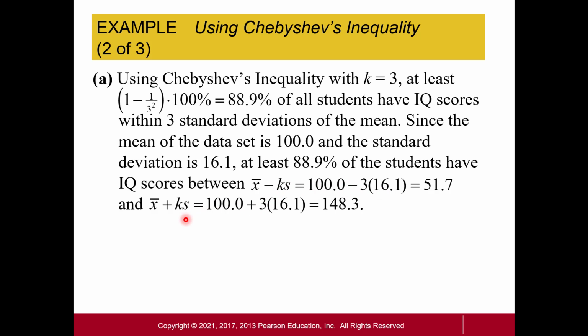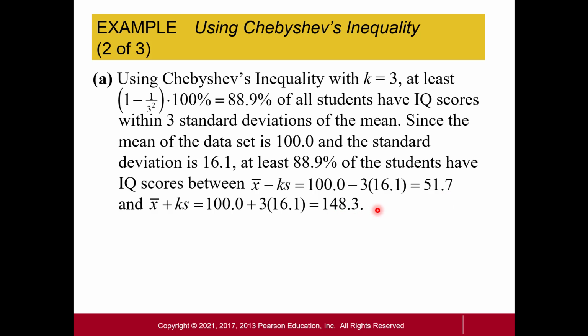For our high score end, we do the same thing with 100 plus 3 times 16.1, and we get 148.3. If you say it in terms of scores, because that might be a little more meaningful than saying within 3 standard deviations, it's saying at least 88.9% of the students had scores between 51.7 and 148.3.